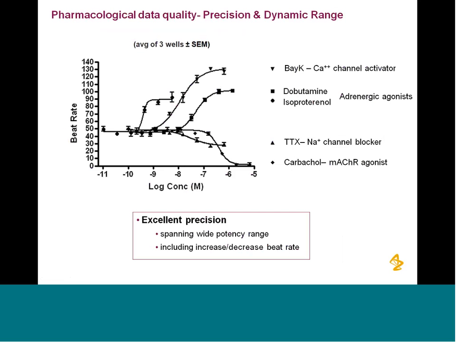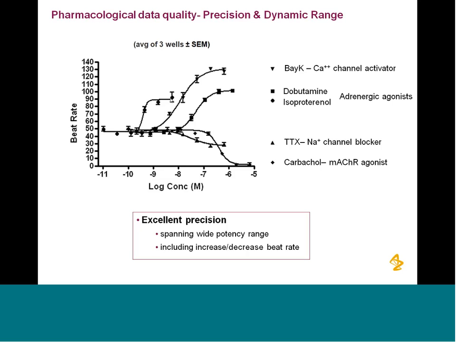So this is now we're going on to a little more data quality here. For drug screening, this is a set of diverse ligands, and I'm showing you only one experiment. And this is the average of 3 wells. Each well for a point comes from a replicate plate. So they're not side by side, but instead on replicate plates.